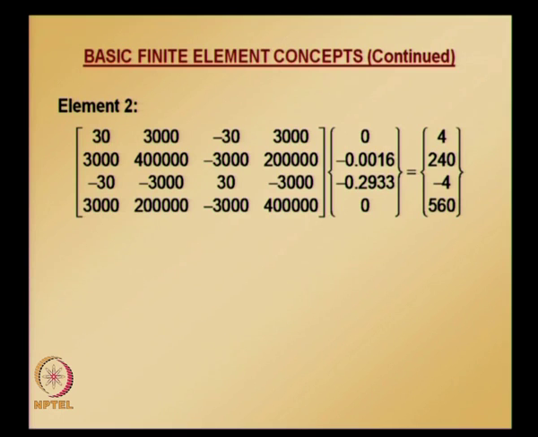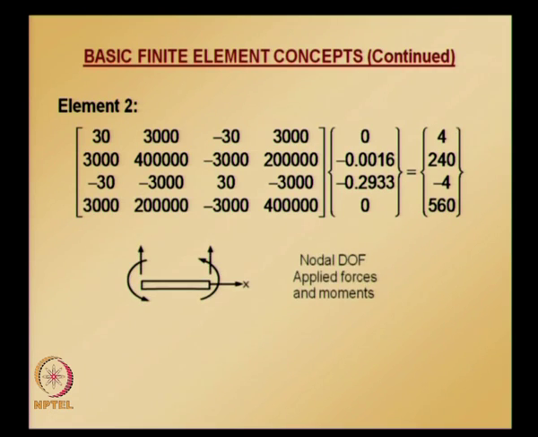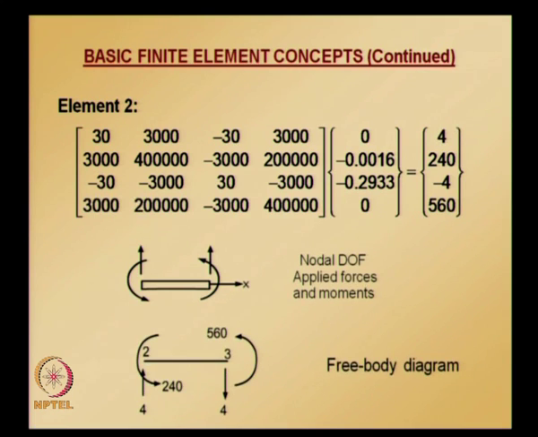So if somebody is interested in drawing the free body diagram of element 2, taking these values and following the sign conventions for applied forces and moments and nodal degrees of freedom, we can draw the free body diagram of element 2.